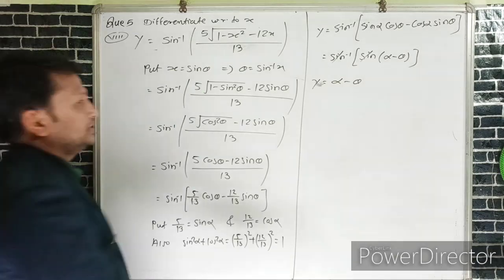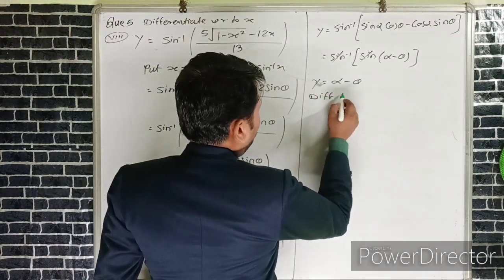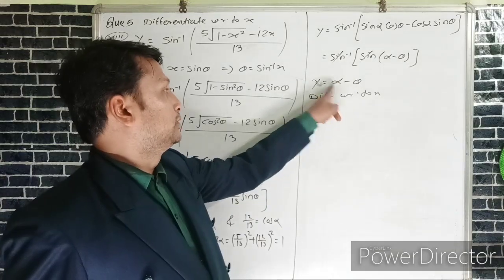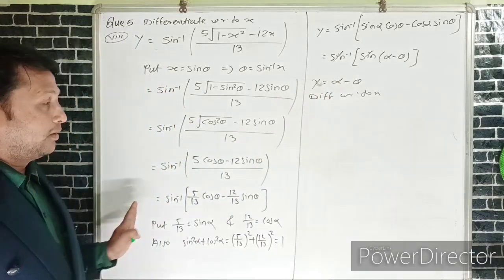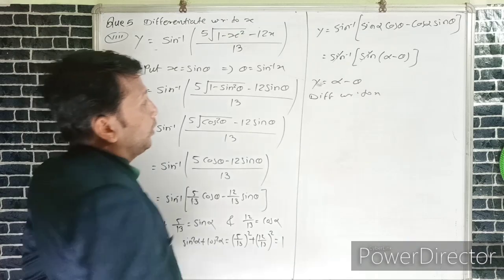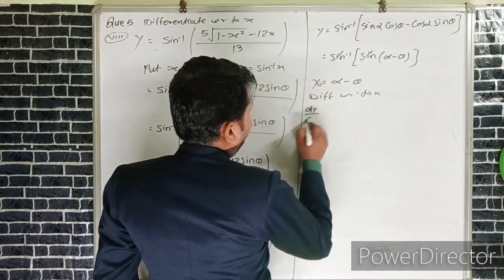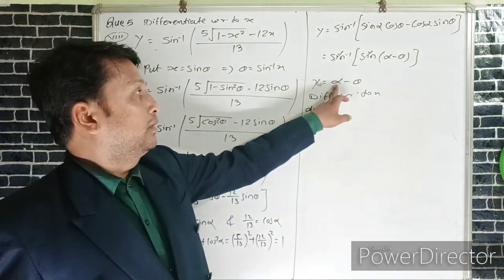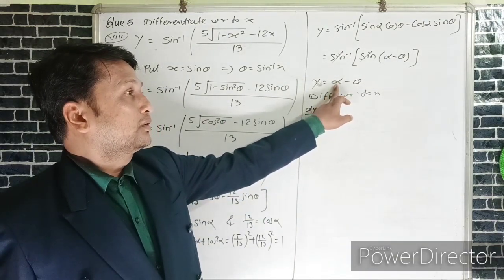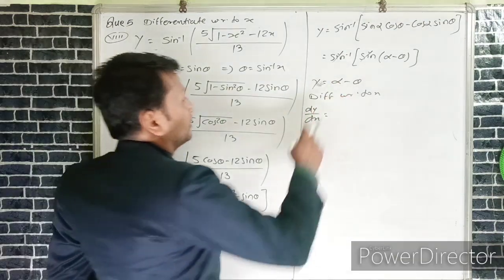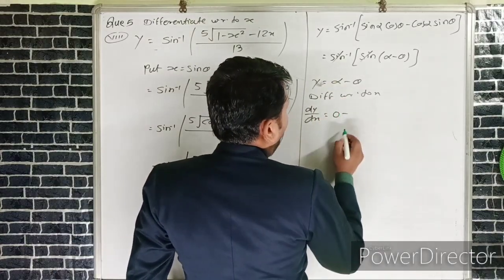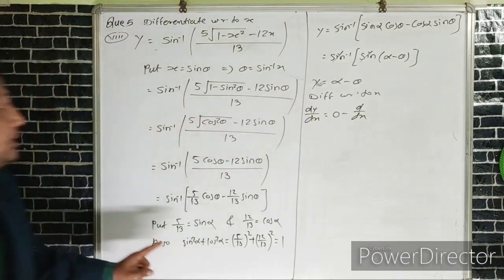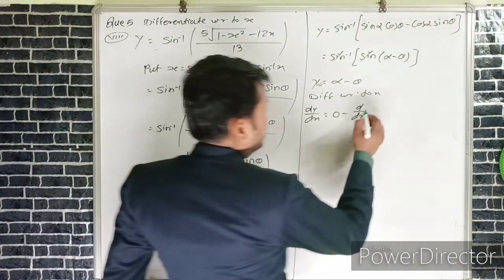If we differentiate the given function with respect to x, without converting alpha into the form of a trigonometric function, we know the derivative of y is dy by dx. The value of alpha is a pure constant and the derivative of alpha is 0, minus the derivative of theta, where theta is equal to sin inverse of x.